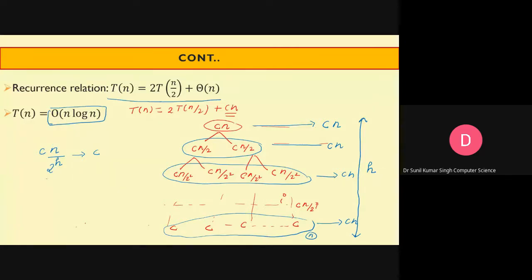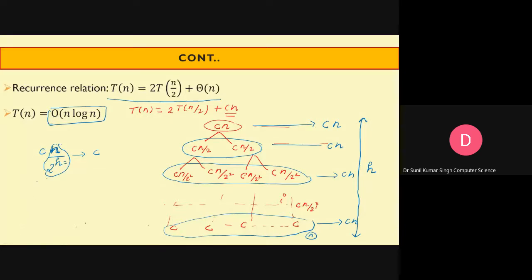Look at here, h is the height, hth level. So this is n, problem size n, and we are going to divide it by 2 raised to the power h. So we have to find out the value of h for which this one is going to be equal to 1.